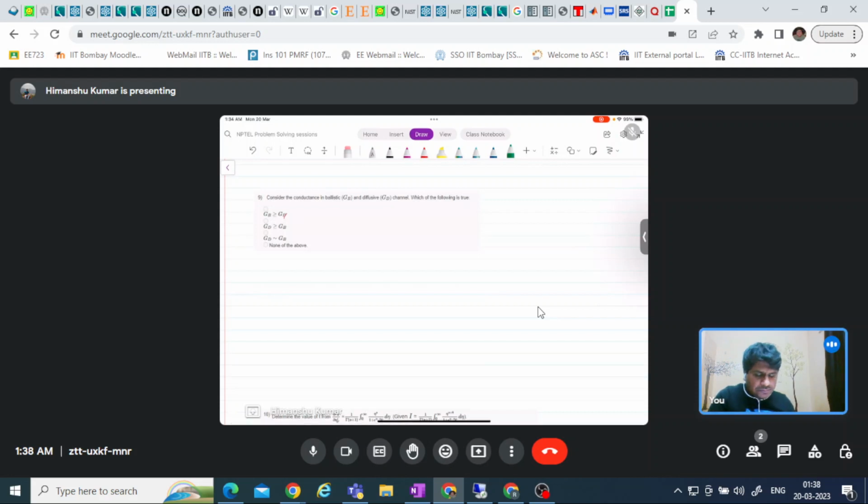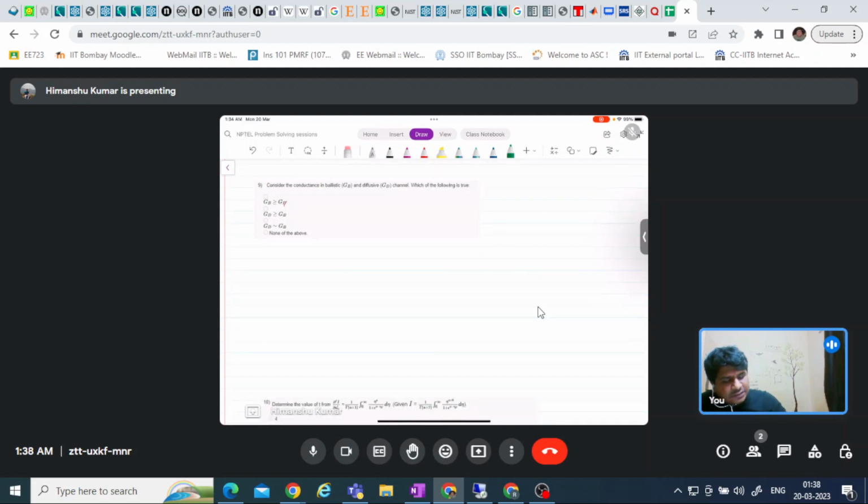Next problem. Consider the conduction in the ballistic and diffusive channel. Which of the following is true?